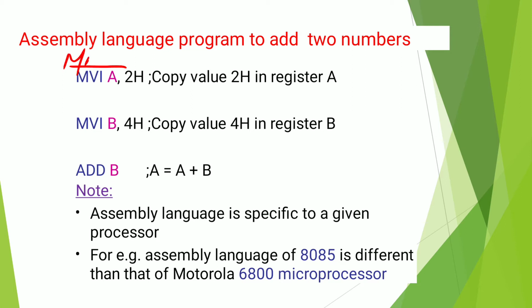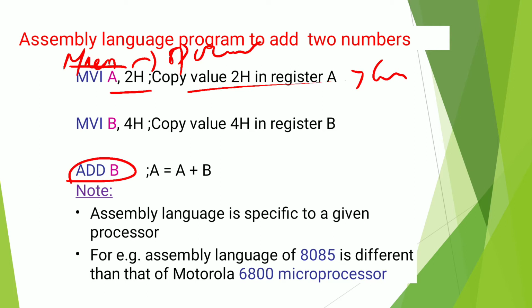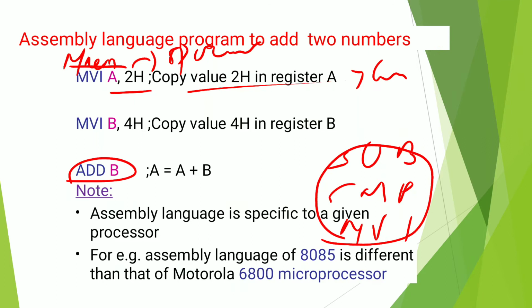These are called mnemonics and these are operands and these are the comments. So ADD for addition, SUB for subtraction, CMP for compare, MVI for move immediate data, etc. Such symbols are called mnemonics.